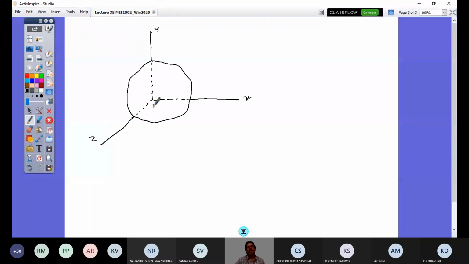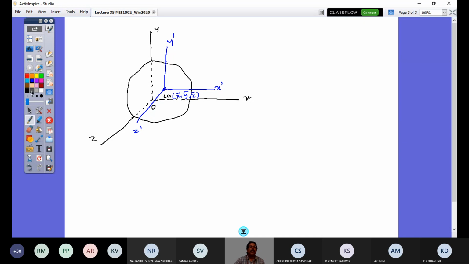The CG location of this rigid body is somewhere here. This is the CG location. And I have here an axis set, which is x dash, y dash, and z dash. Now, how is the CG location given? It would be given with respect to the x, y, z coordinates as x bar, y bar, and z bar.